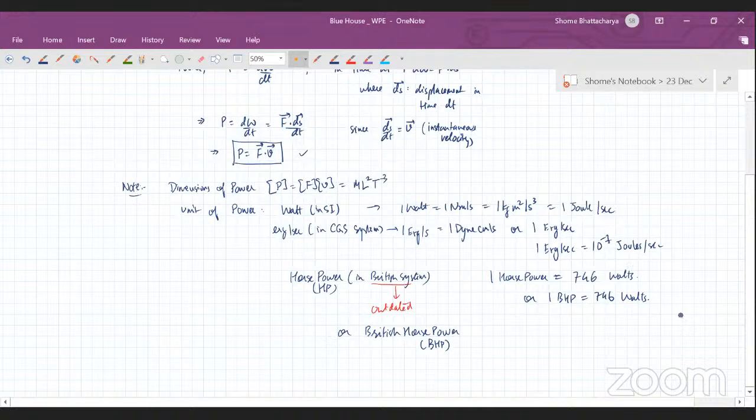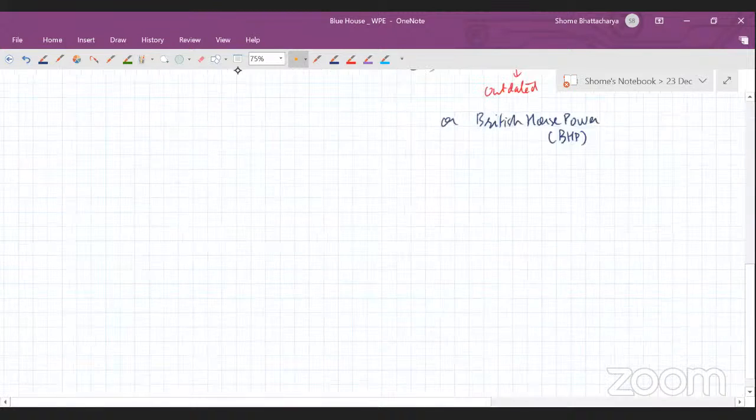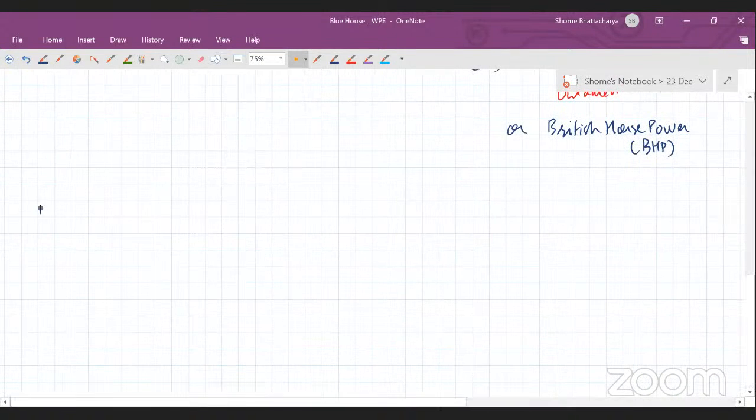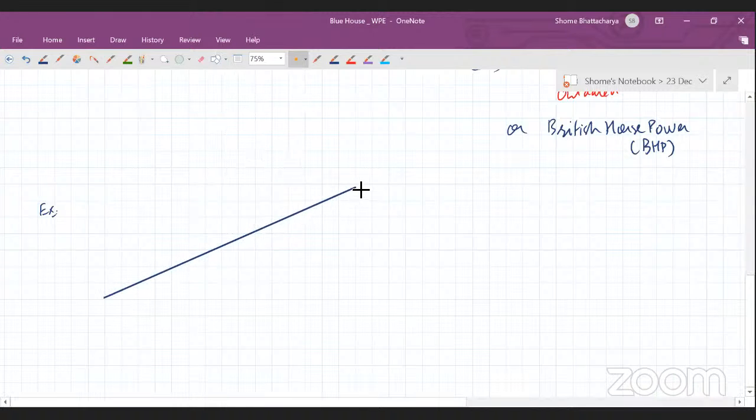Anyway, so let's look at a quick example to understand this. So you have a block of given mass which is sliding down an inclined plane which has coefficient of friction 0.5. So this block was at rest at time t equal to 0 and its mass equals 5 kilograms.